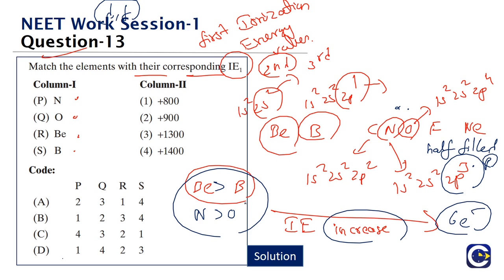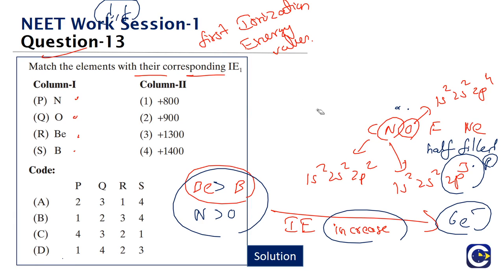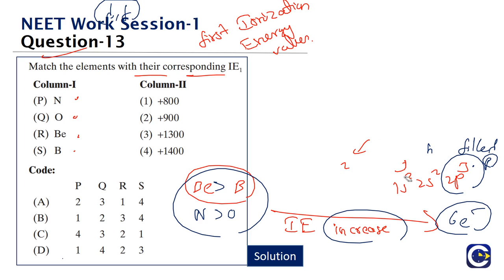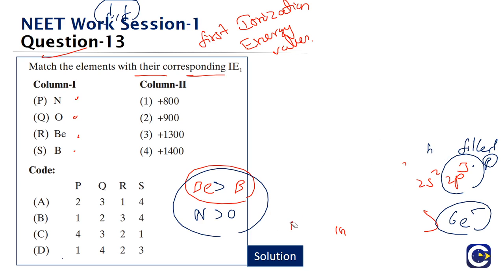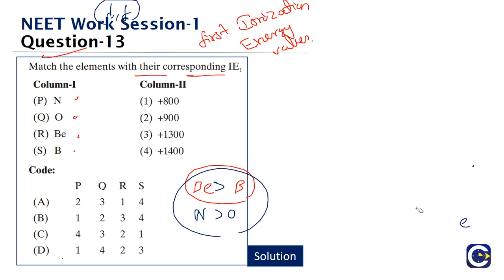Okay. Now that the discussion is over, I'll write the order. For any period, this is what we expect normally when we move from left to right. First I'll write down what is expected.